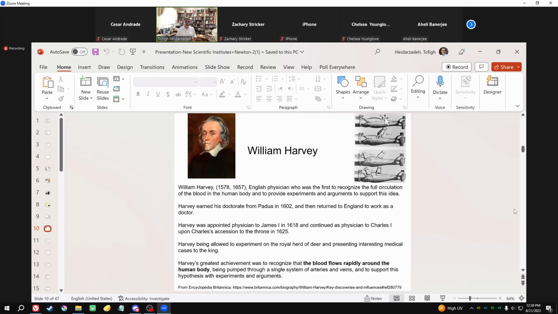Before that, a Muslim physician discovered the circulation of blood in our pulmonary system, but not the entire body. It was William Harvey who found this, and then a new question appeared.